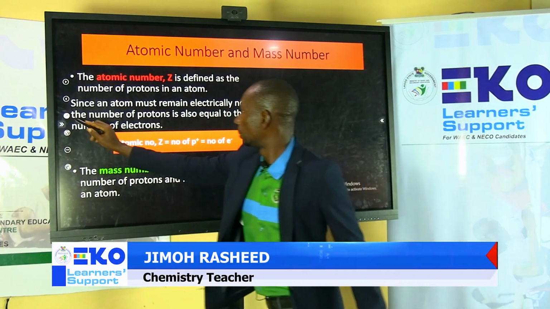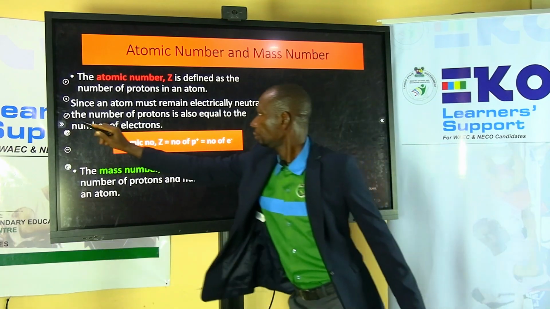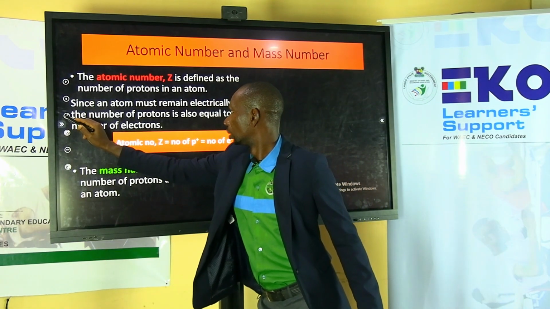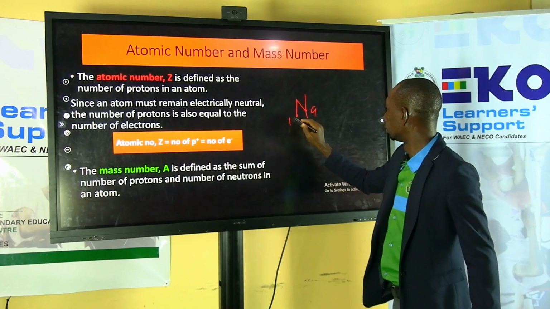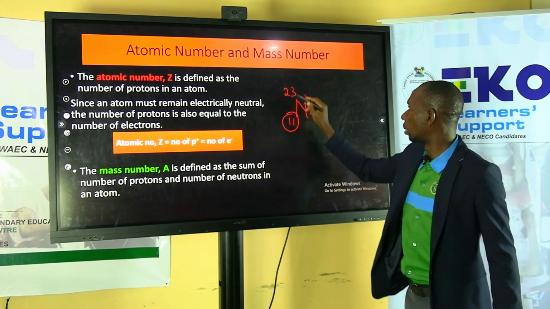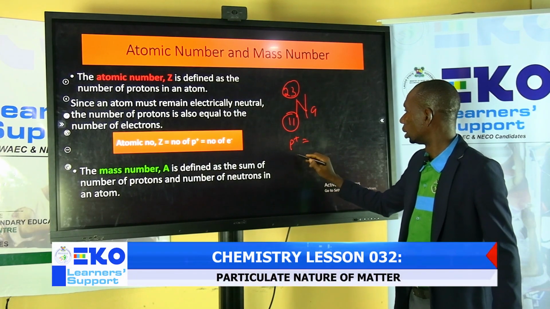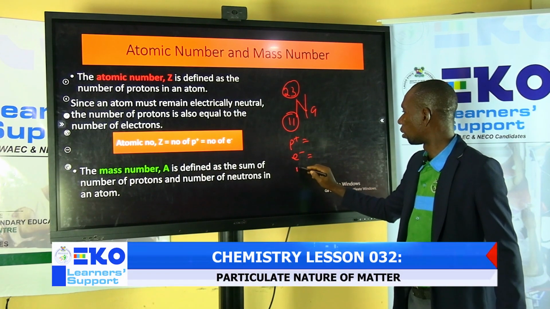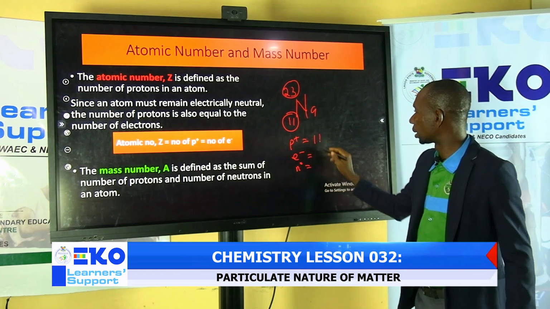So I have sodium represented this way, Na, 11 and 23. So here, this is the atomic number, this is the mass number. So I want to find the number of proton, the number of electron, and the number of neutron. The number of proton is simply the atomic number, that is 11.